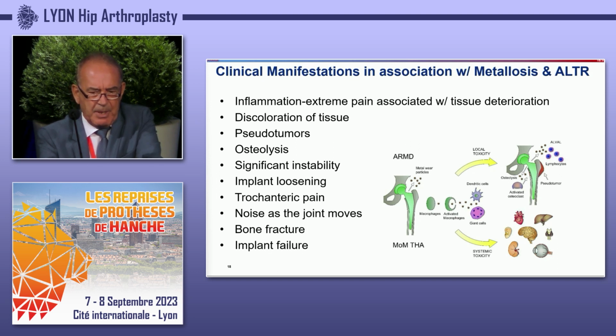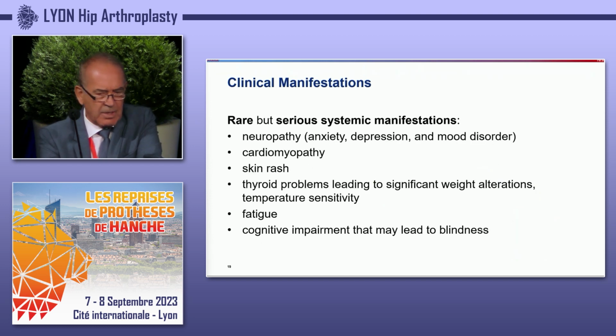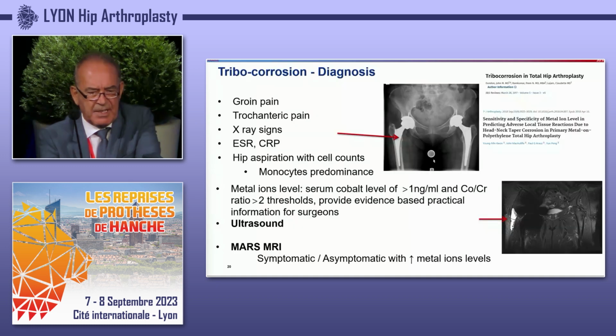It is extreme pain associated with tissue deterioration, pseudotumors, osteolysis, instability, implant loosening, trochanteric pain, noise in the joint movements, bone fracture, and implant failure. Other more serious but rare manifestations are neuropathy, cardiomyopathy, skin rashes, thyroid problems, and fatigue.